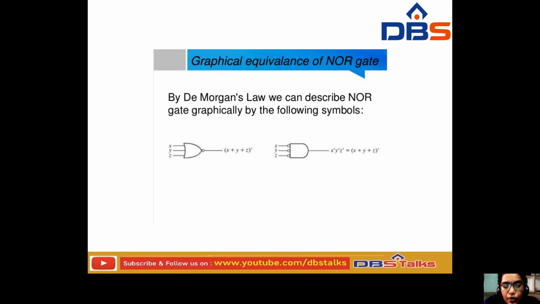See how we get the graphical equivalent of the NOR gate. The first one is the OR gate and the second one is the AND gate.